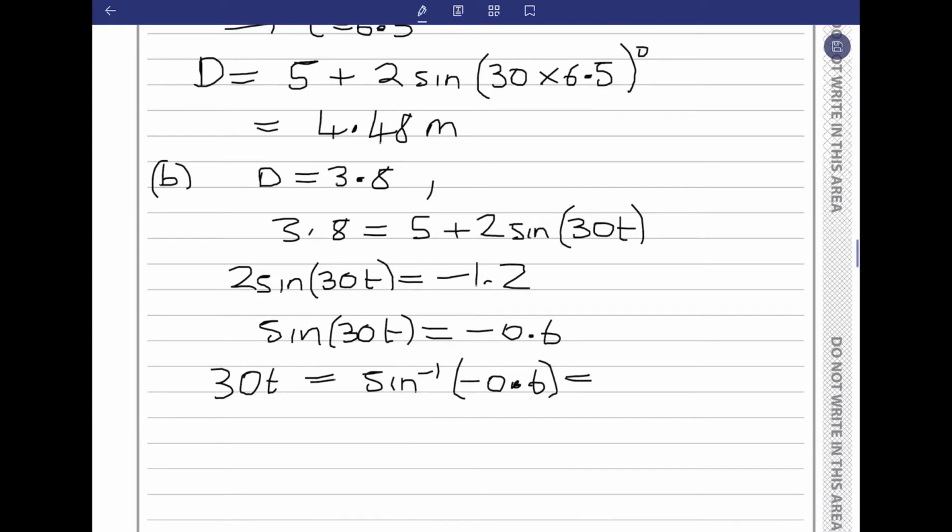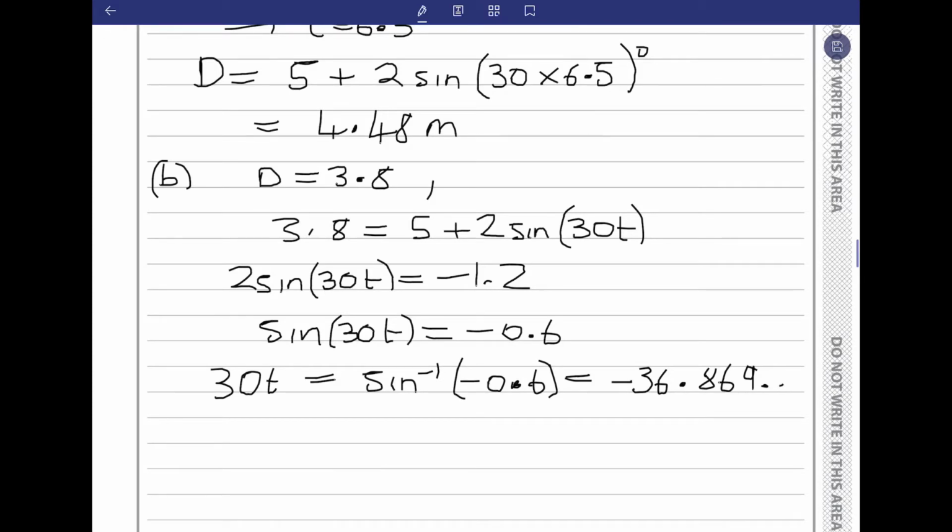So let's do that. Sine inverse of minus 0.6 is minus 36.869, whatever.